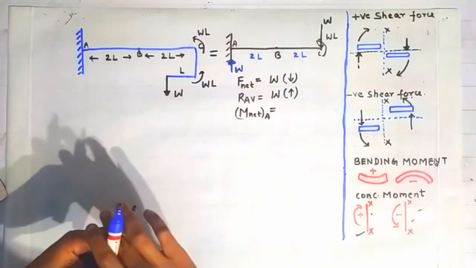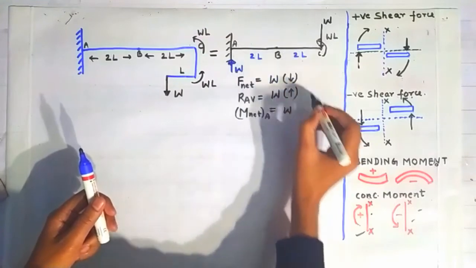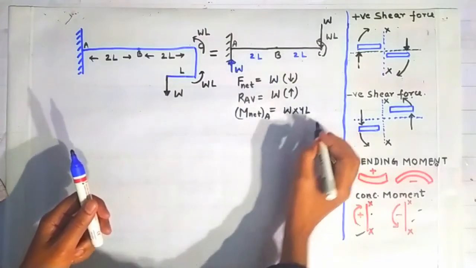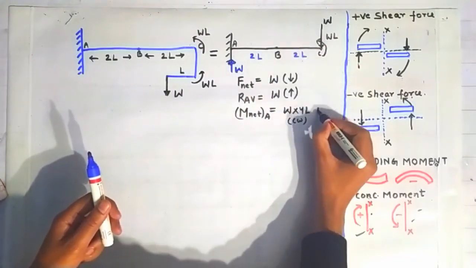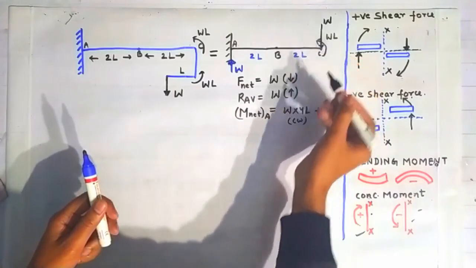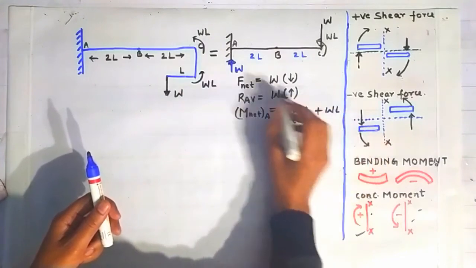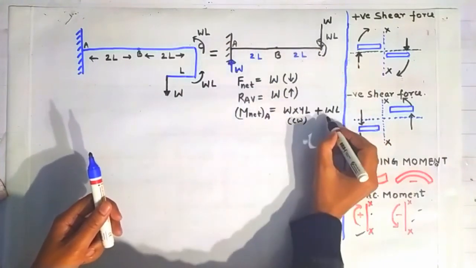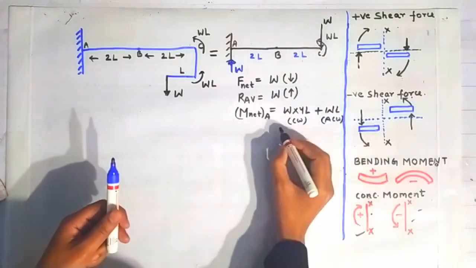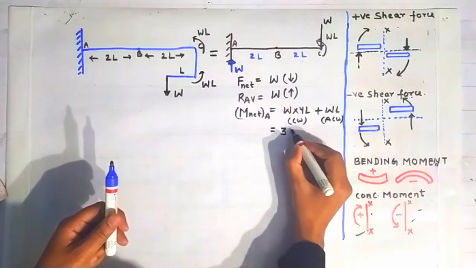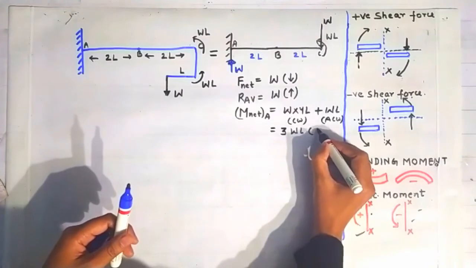So the magnitude of the moment will be this load W into 2L plus 2L, that is 4L, and it will act in which direction? Clockwise direction. And this moment is acting at point C in anticlockwise direction. So it will cause a moment of WL about point A in anticlockwise direction. So this will cancel out to give us 3WL in which direction? In clockwise direction.